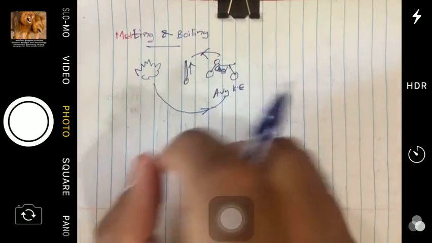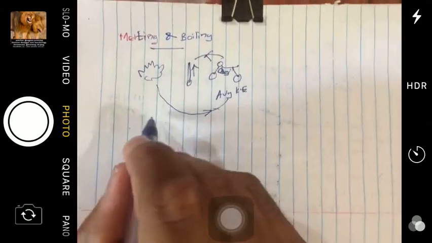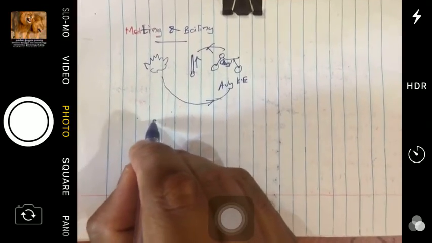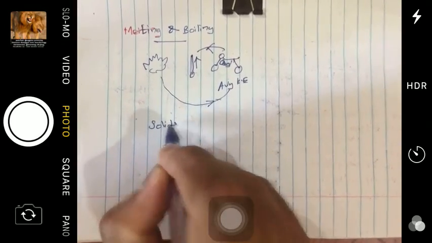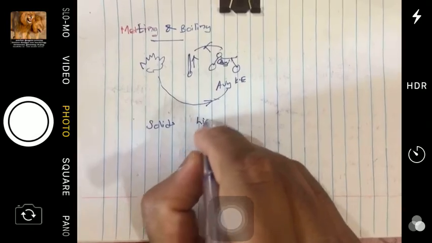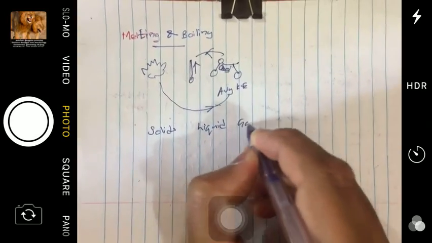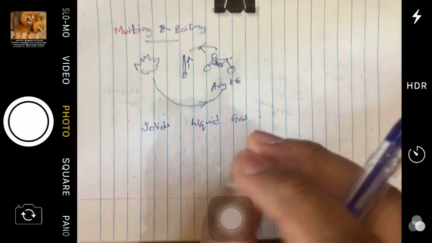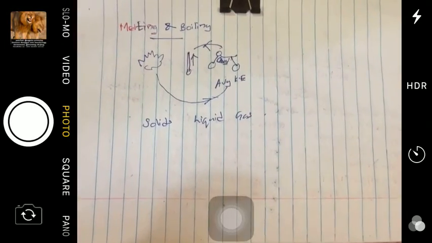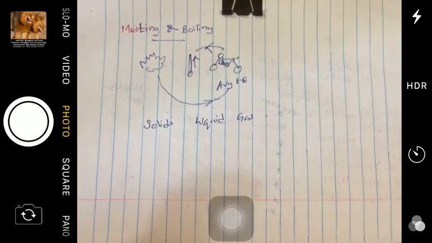Based on this, we have these three categories of matter: solid, liquid, and gas, which are fundamentally different by the way they are bonded, by the strength of the bonds among them.